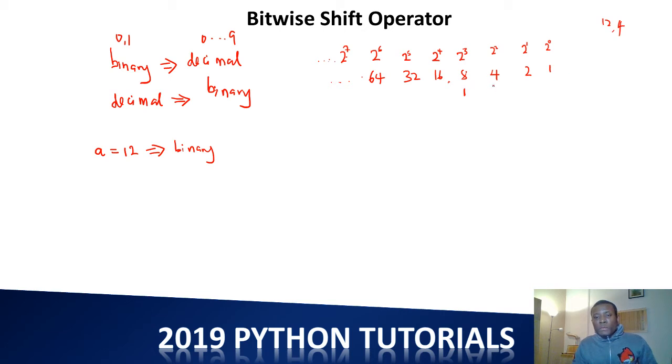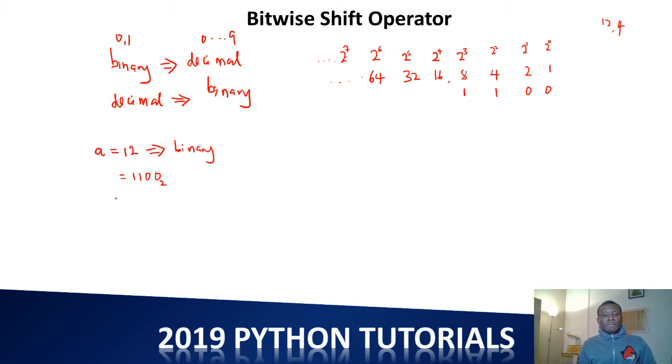We check 4 and we have 4 here, so we put in 1. When we remove 4, what is left is 0. So 8 plus 4, we already have 12, so we complete it with 0, 0. So 12 is equal to 1100 in binary or in base 2.